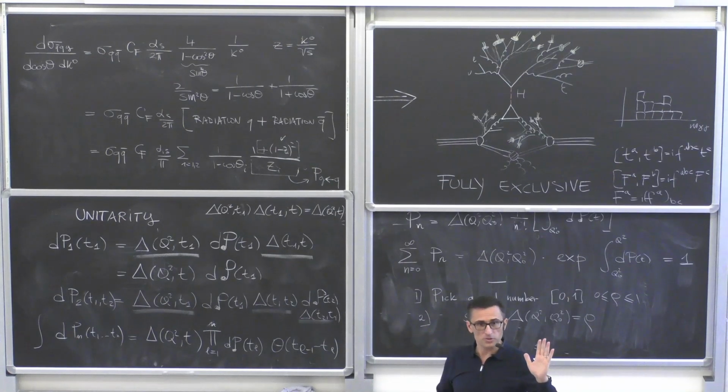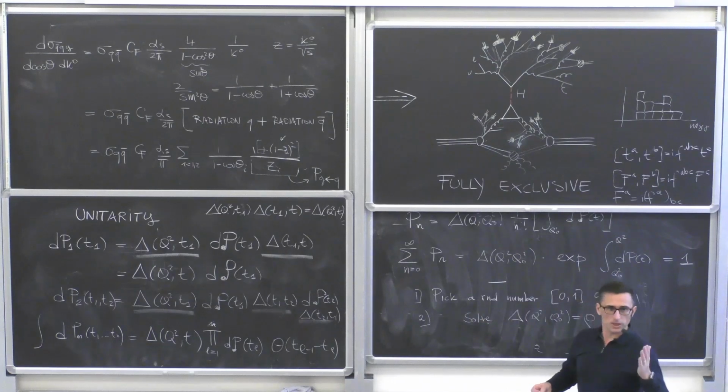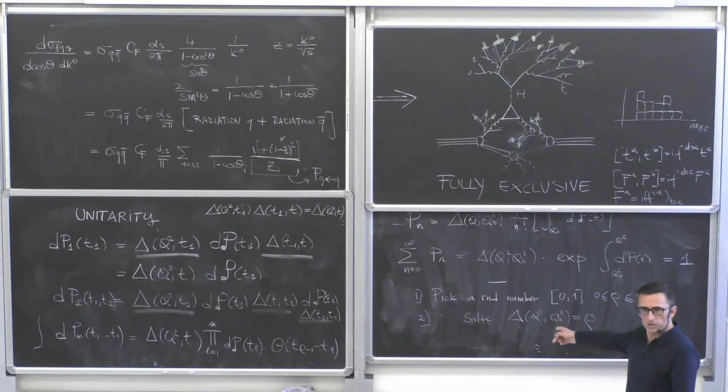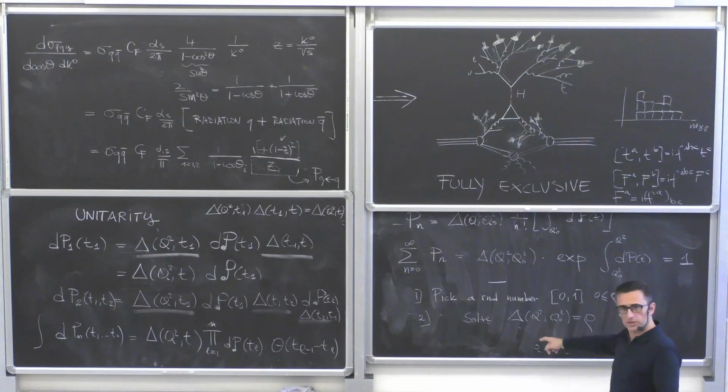Have you ever done this in your life? I hope so. If not, look it up. The difficulty is that we don't know the primitive of all the functions. Like here, the Sudakov, we have to invert it numerically.